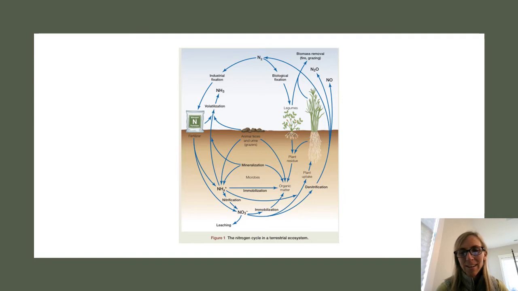And so the nitrogen cycle, of course, is made up of processes including fixation, ammonification, nitrification, and denitrification that happens through plants and soil microbes. The soil and the atmosphere are really essential for making nitrogen available for primary producers.